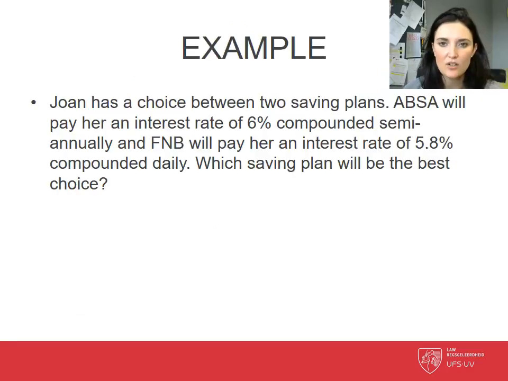Let's look at an example of where it would be important to use your effective rate and your nominal rate. In this example, Jonah has a choice between two savings plans. Absa will pay an interest rate of 6% compounded semi-annually, and FNB will pay an interest rate of 5.8% compounded daily.